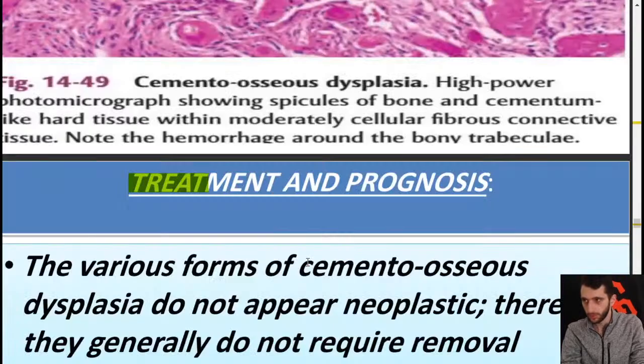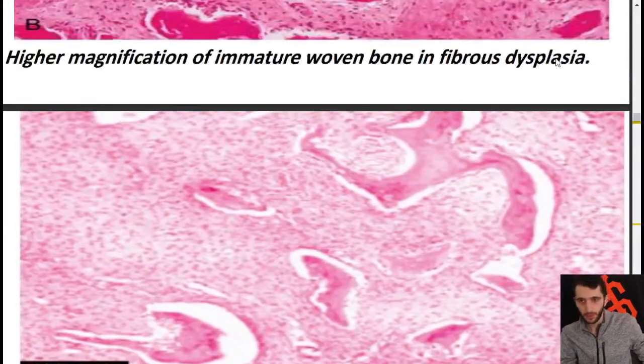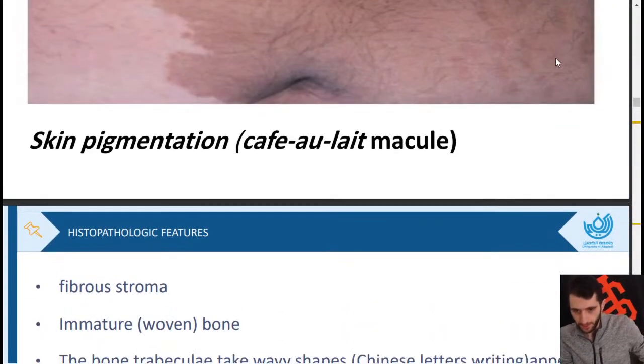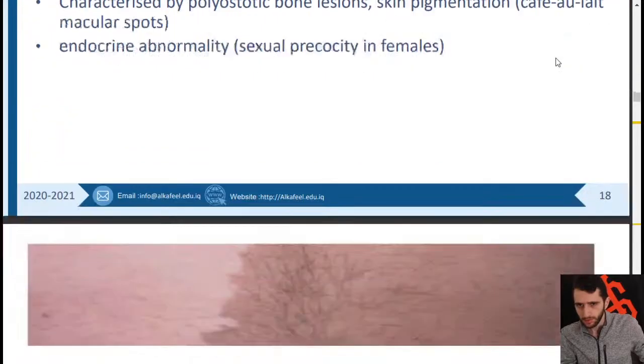Treatment. Small lesions do not require incision. Yeah. If it's small, does not require it. If it's large, it requires. These are all part of cementoosseous, or actually the Albright syndrome.